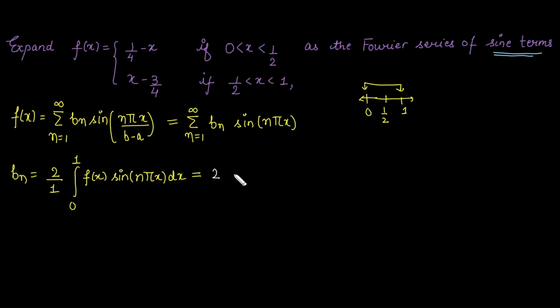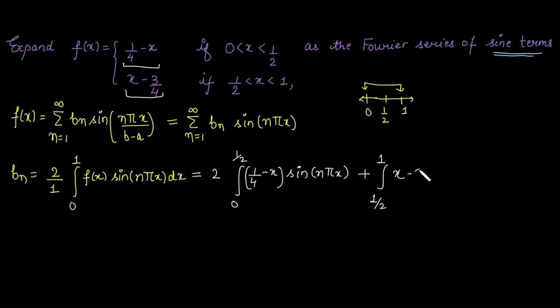So, this is equal to twice of integration from 0 to half of the function, in this case 1 by 4 minus x, into sine of n pi x, plus integration from half to 1 of the function x minus 3 by 4 into sine of n pi x.